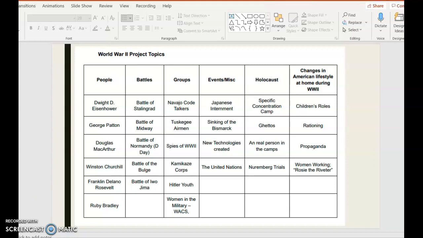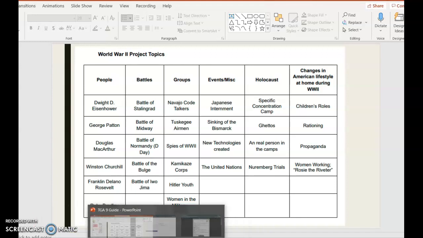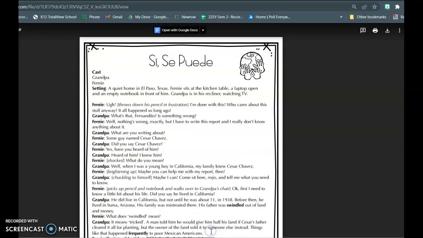If you click on the Reader's Theater example, which I'm opening right now, you can see that it tells you the cast, and this cast has at least 2 people, and what setting it's in. That's nice to see, and it helps set the stage. So a Reader's Theater is a play.